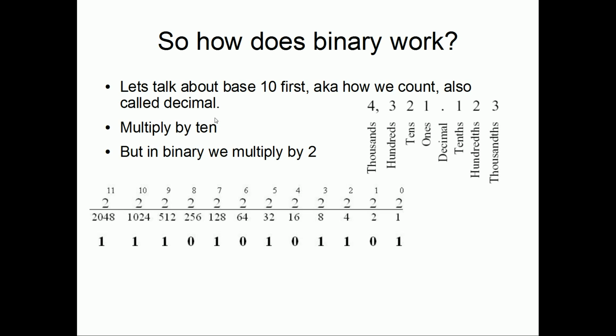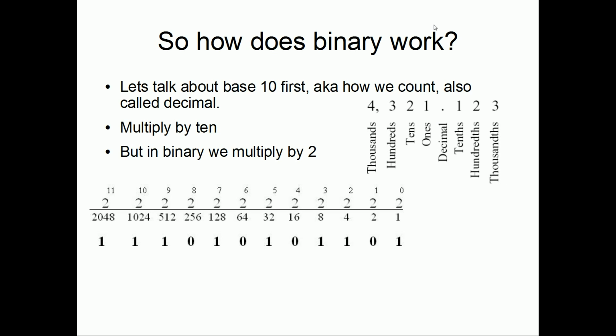Well, first of all, we have to talk about base 10, which is what we learn to count with and how we count today. It's also called decimal, and dec means 10. So what happens is we have the ones, the tens, the hundreds, the thousands. Each of these is a multiple of 10, which is why it's base 10.